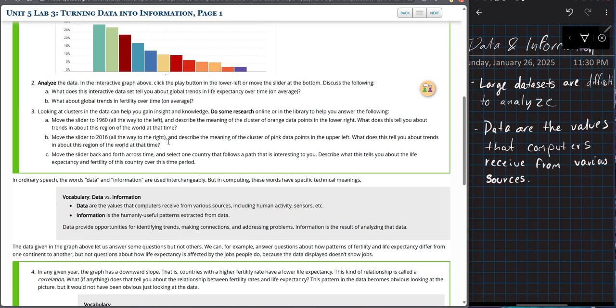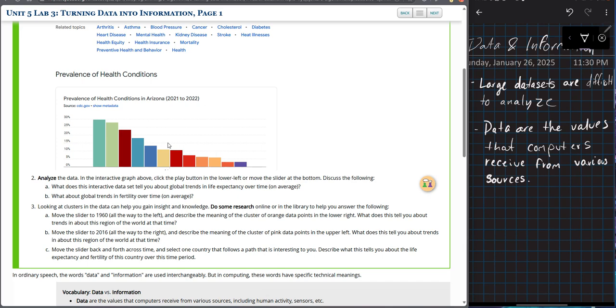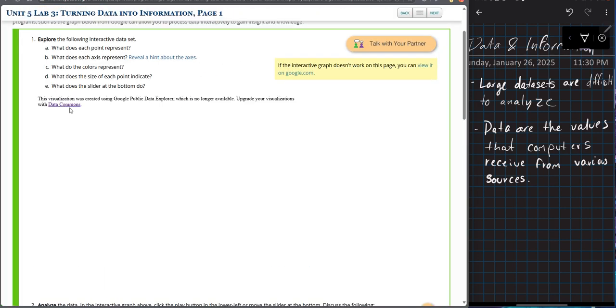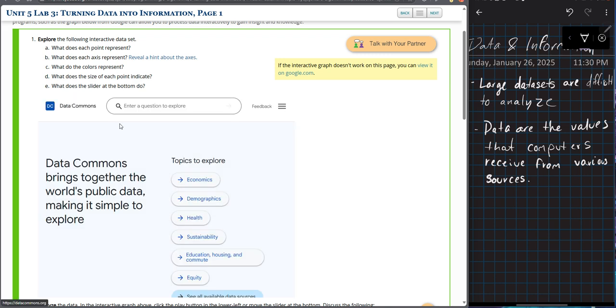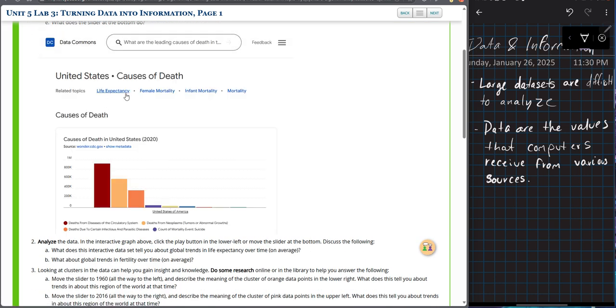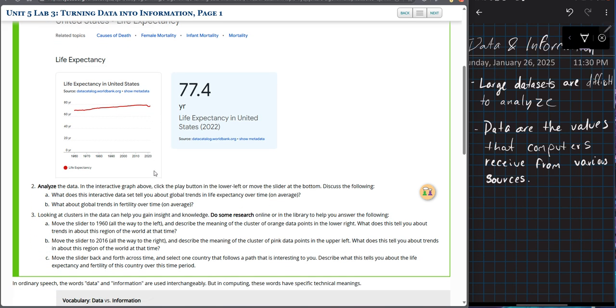Life expectancy. Oh, okay. I just found it. We won't do the activity though. Don't worry about it. I had already mentalized that we were not going to do it. I think it's this one.